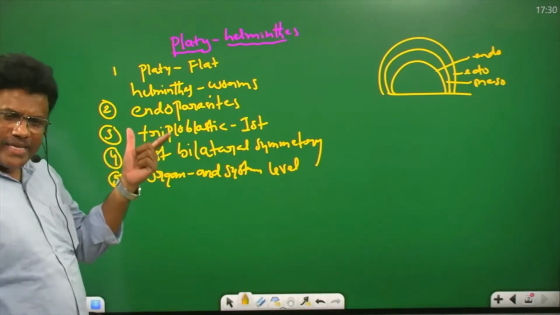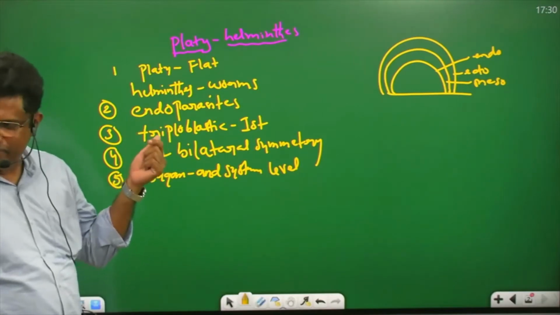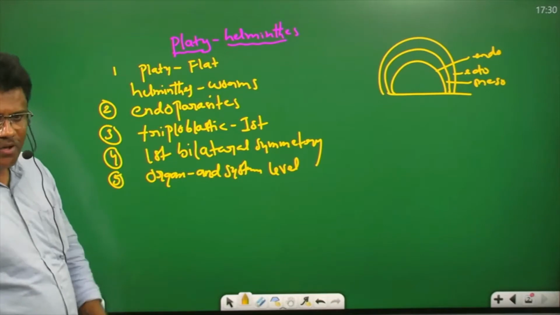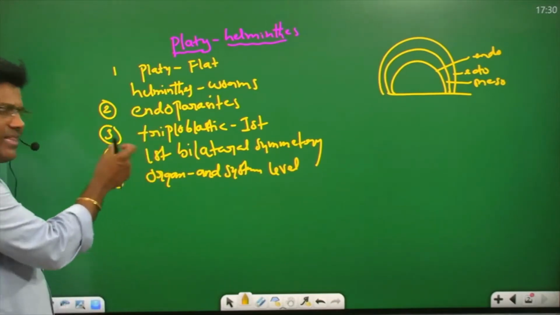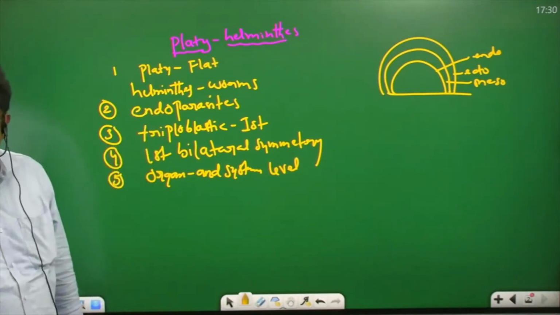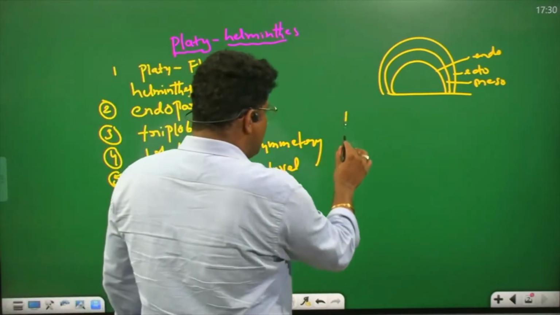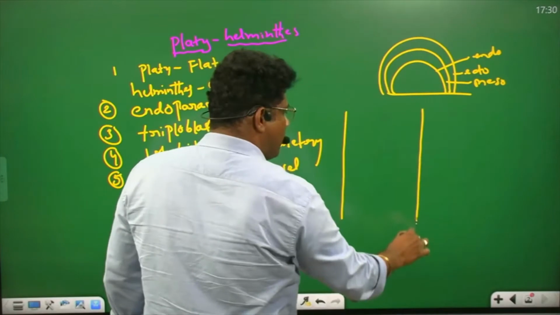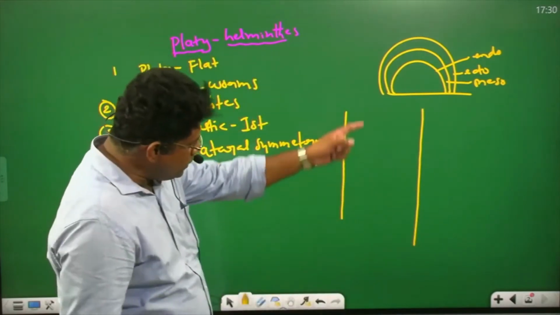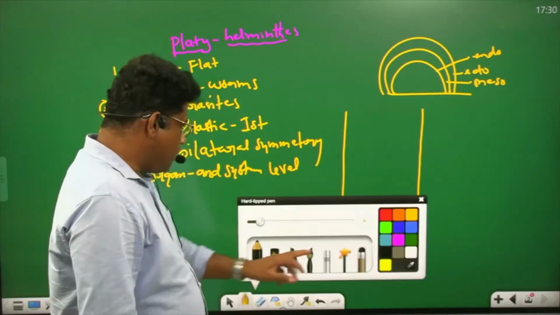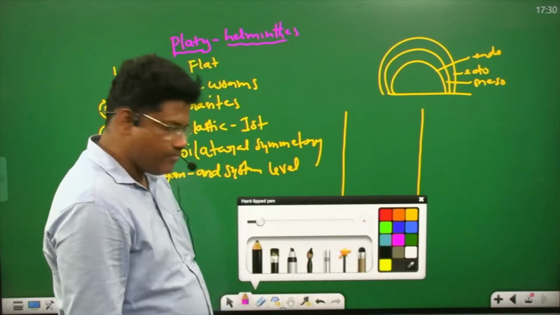Most of these organisms are mostly endoparasites. You understand? You listen here, they are living inside of the host body. For example, this is the human alimentary canal, this is the human gut. Yes, you take a parasite.